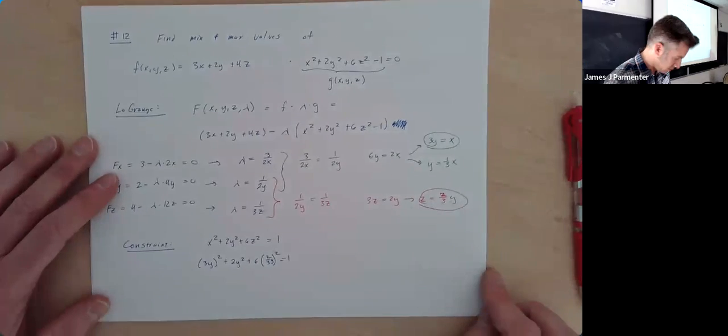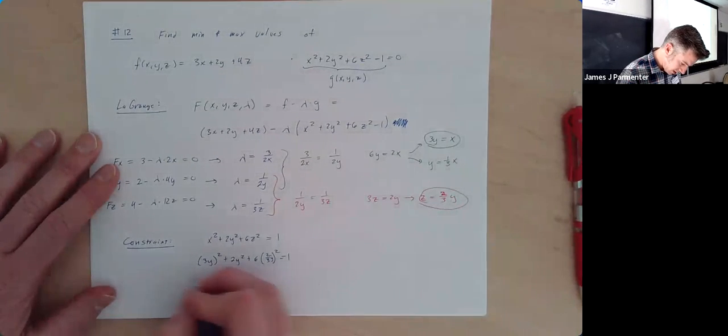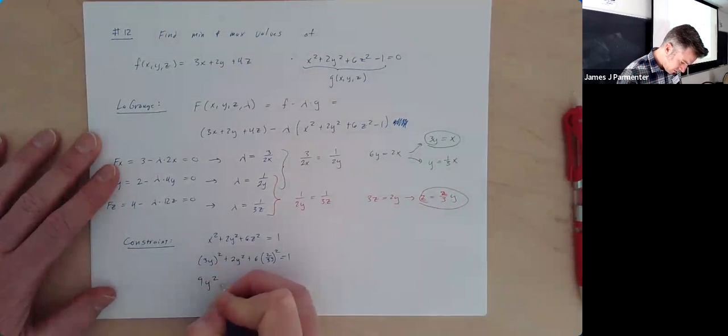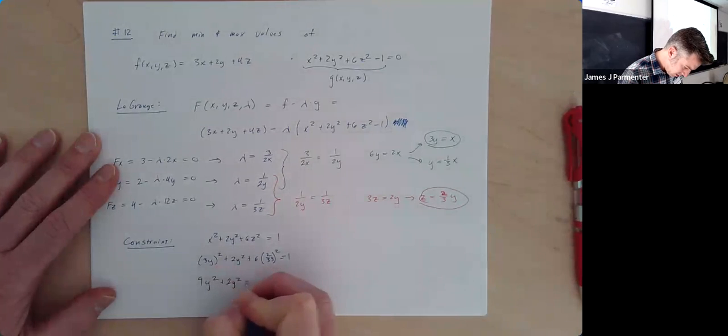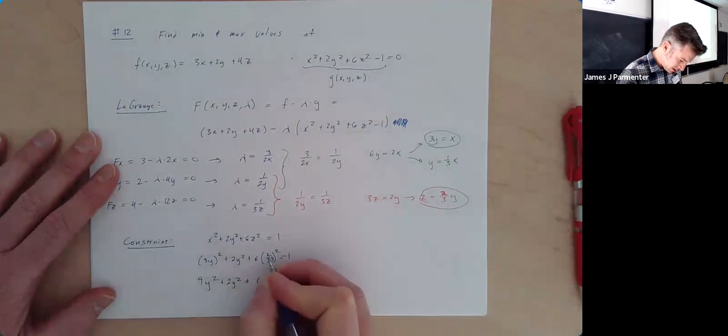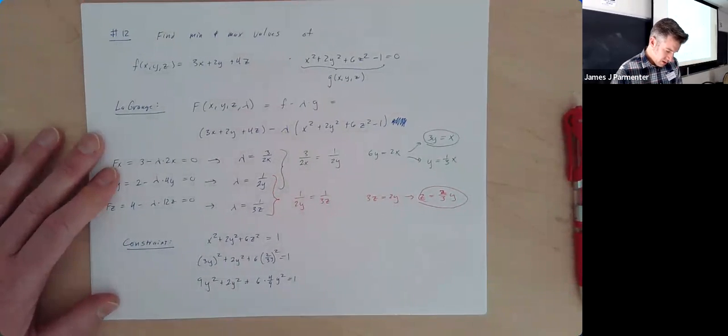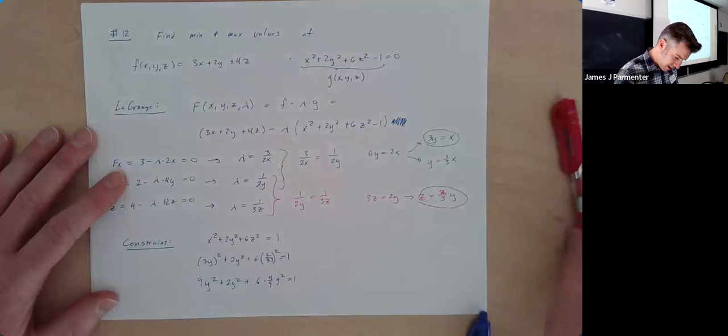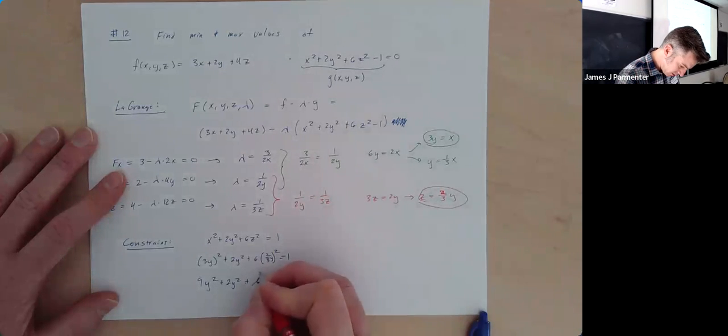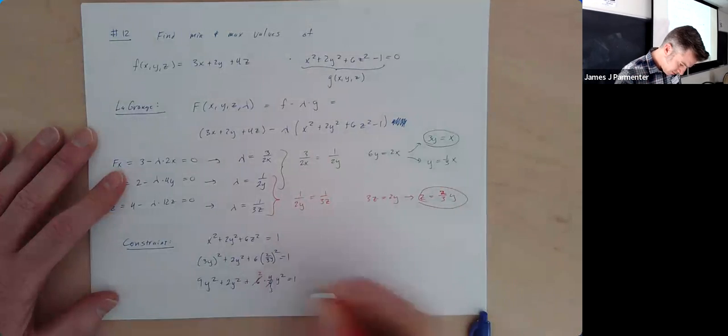I'm just going to do a little bit of algebra. So 3y squared is going to be 9y squared, plus 2y squared, plus 6 times 2/3 squared, which is 4/9 y squared, equal to 1.